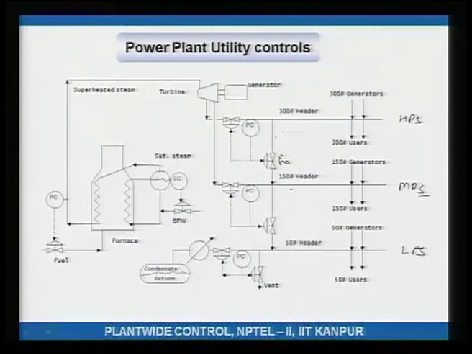So, by venting or drawing in less or more steam, you are maintaining the pressure in the high pressure steam header. Similarly, by venting or taking in less or more steam, you are maintaining the pressure in the medium pressure steam header, and a similar logic also applies to the low pressure steam header.